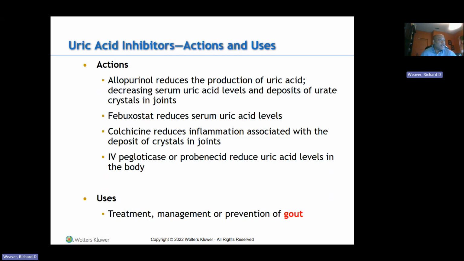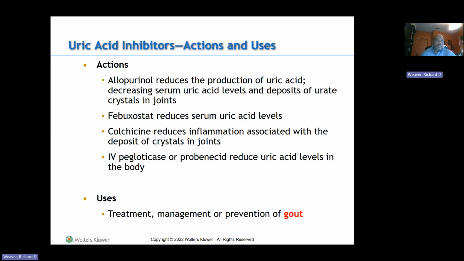All right. Now, these are your uric acid inhibitors. We have talked about this to a pretty good degree in class. You should know this is mostly associated with the condition called gout.